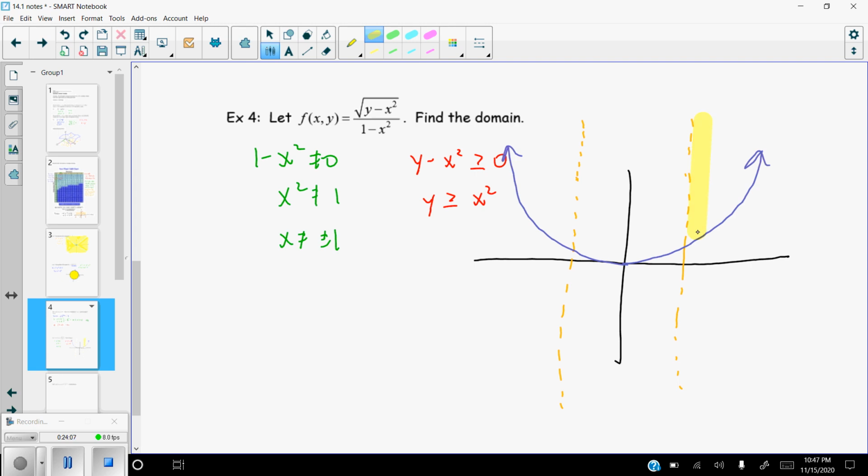I'm trying not to hit the dotted line here. There we go. It's going to be everything above the parabola that doesn't touch the dotted line. Obviously, it goes on infinitely in the positive direction. There's just not an easy way to show that, but it keeps on going forever. So that's your domain of number 4.